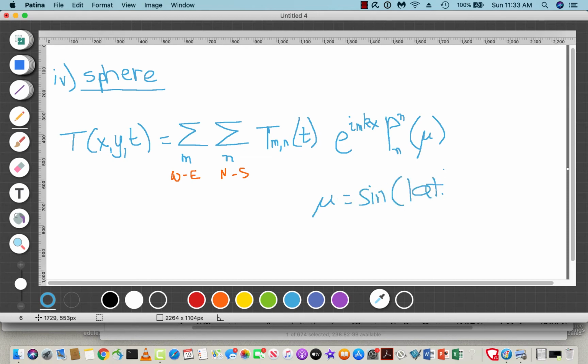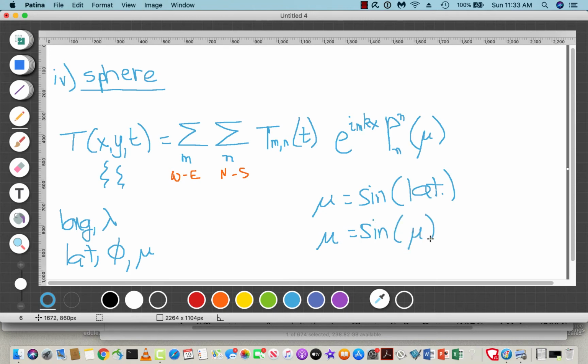So I made a mistake at the beginning by talking about x and y, because what we really have now, instead of x, is longitude, lambda, and latitude, either phi or this thing mu here. So, oh no, that's not right.